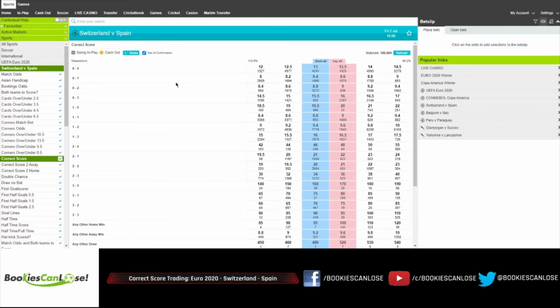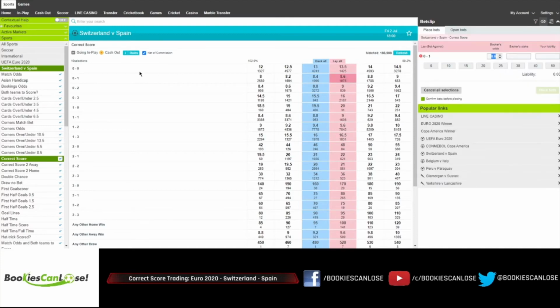What is worth considering, however, is if you want to go against the market and select some lower odds. In this game, we have 1, 2, 3, 4, 5 scores that are priced more or less around 9. And again, if you say that it won't be 1-0, you will again be looking at 10 units of profit minus commission on all the other scores.